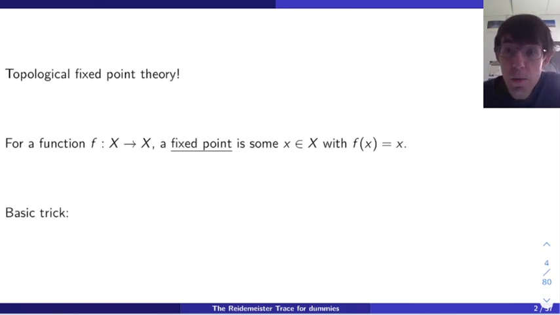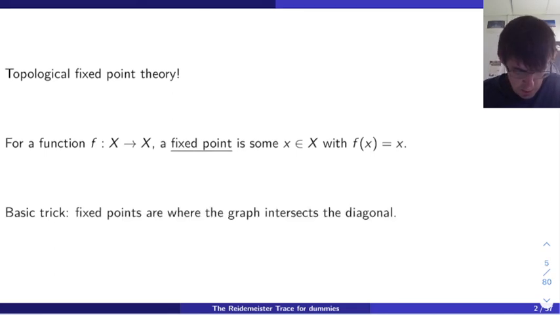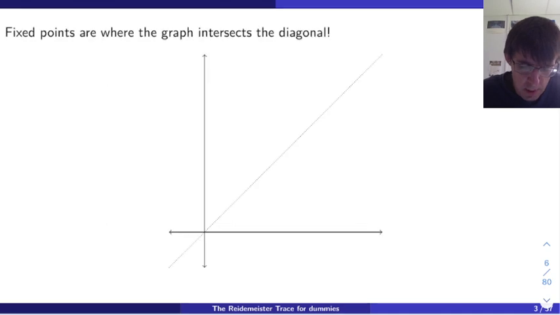The basic trick which we use to look at topological fixed point theory is that the fixed points are where the graph of the function intersects with the diagonal. What I mean is, here's the standard function. I'm going to draw something like this, right?